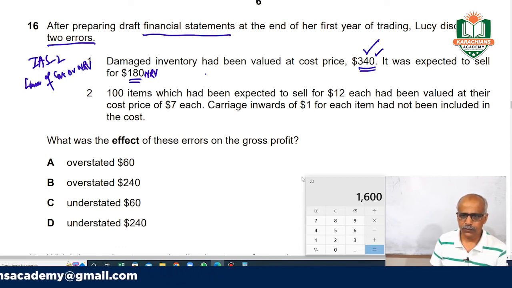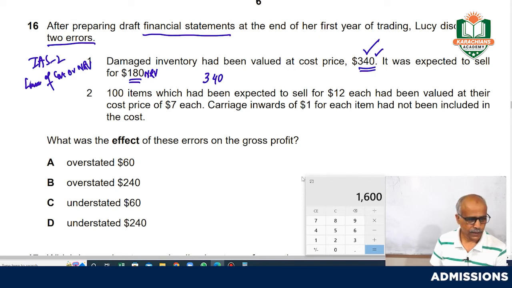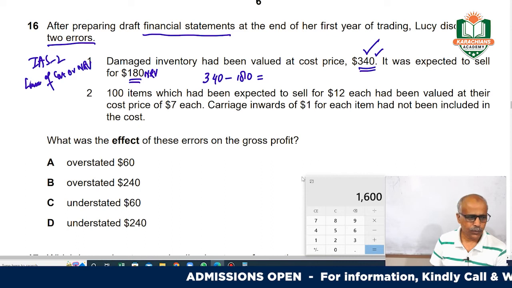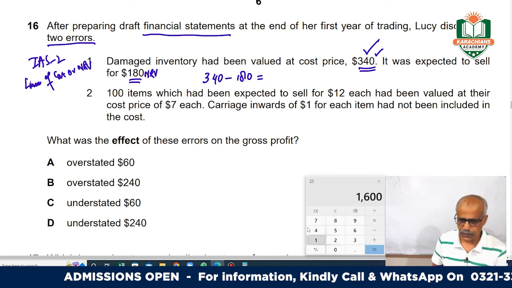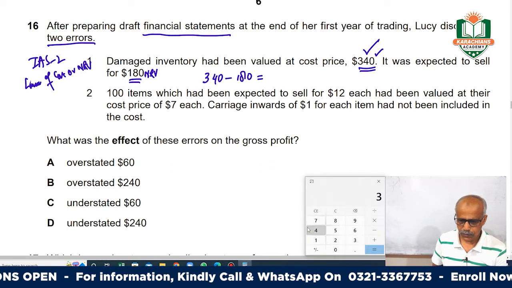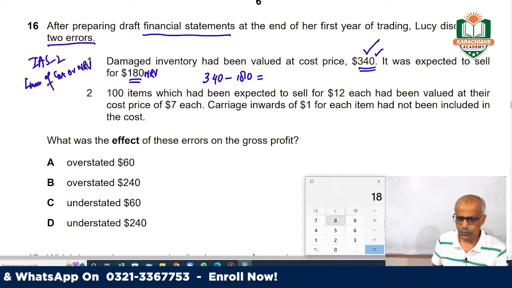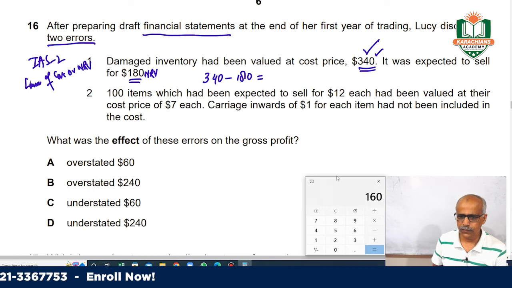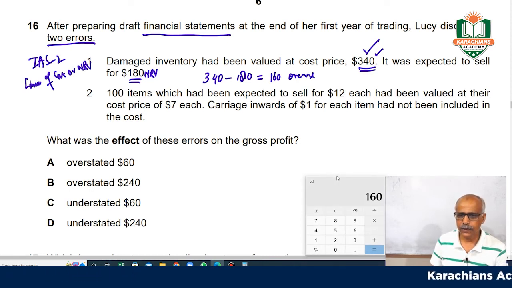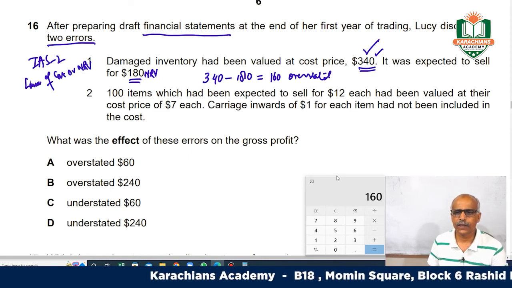So actually what you have done is, you took the inventory at 340 and actually you were to take 180. By mistake you increased the closing inventory by 160, overstated. You have overvalued the inventory.